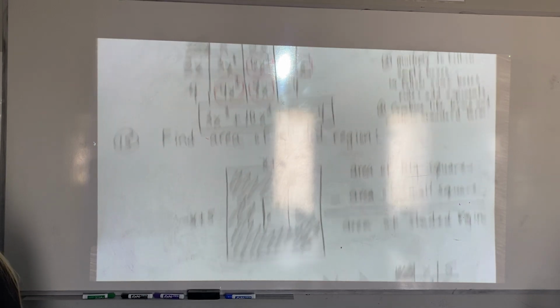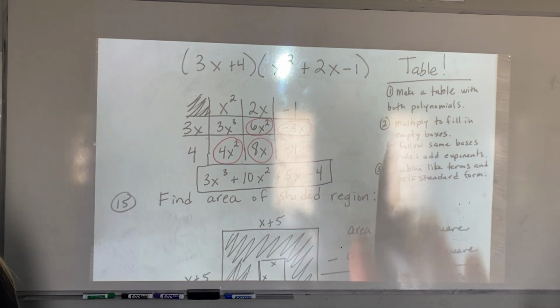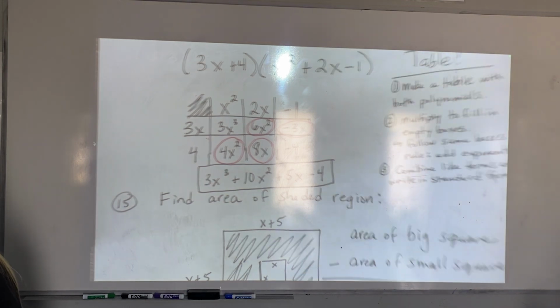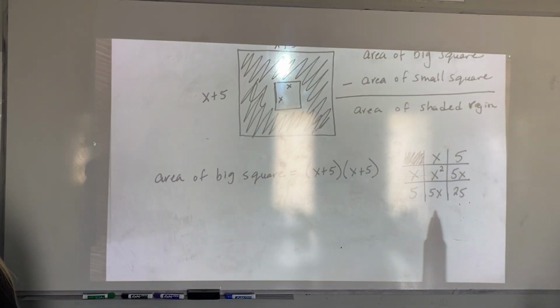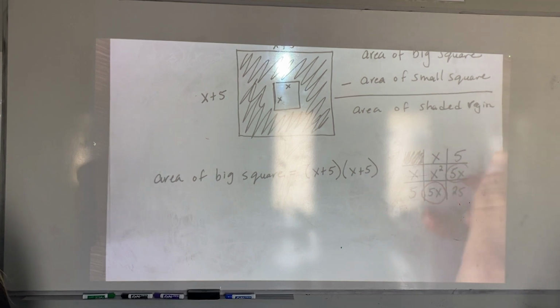Now we're simply using the same steps as the previous question. So we don't need to write them again because you'll still have your notes on them. But we're going to combine like terms and write in standard form.